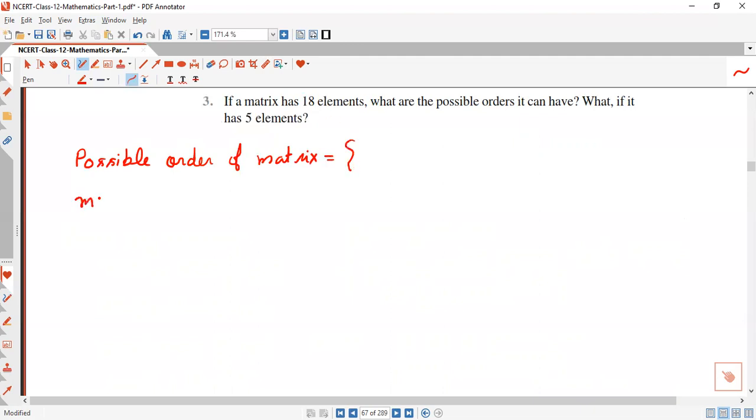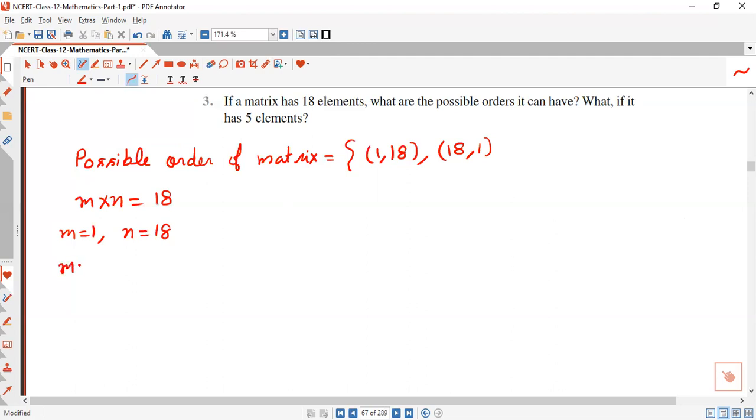The number of elements is 18, so m by n equals 18. If m equals 1, you get n equal to 18. We have the order 1 by 18: one row, 18 columns. Similarly, 18 rows and one column is also possible.